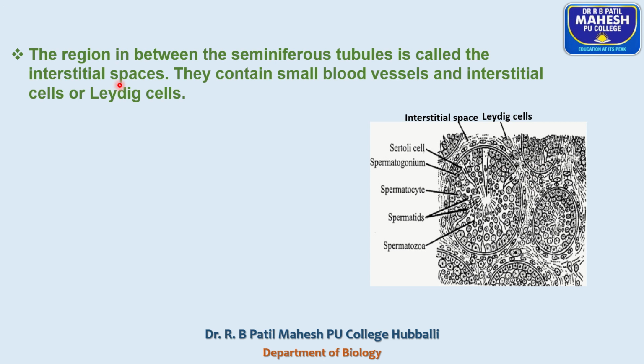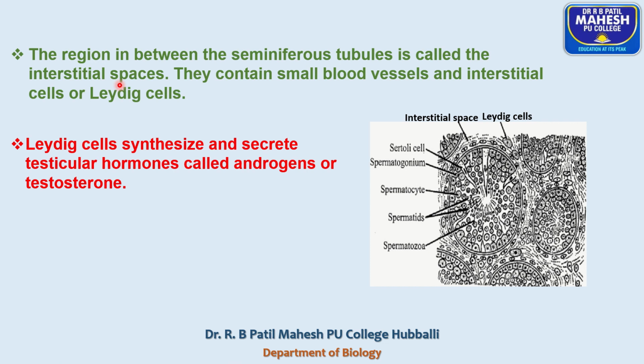The region between the seminiferous tubules is called interstitial space, and it consists of small blood vessels and specialized endocrine cells called interstitial cells or Leydig cells.